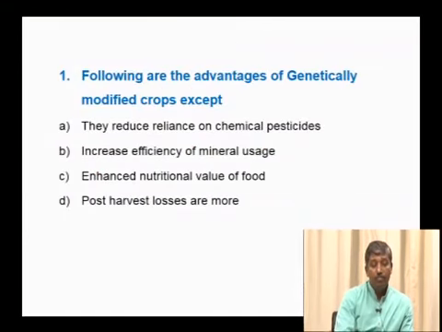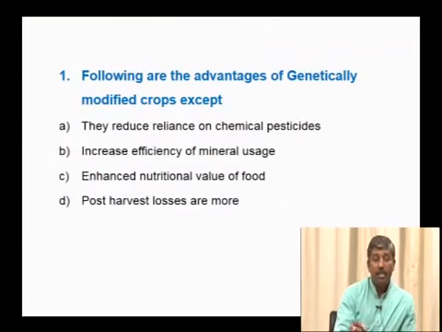Now we look into the questions and we discuss in detail, wherever the specific concepts are related to that. Following are the advantages of genetically modified crops except. Genetically modified crops include our gene of interest for a specific character or trait.